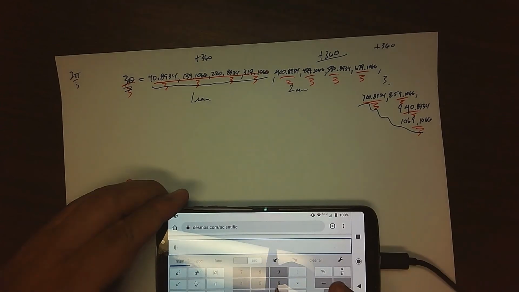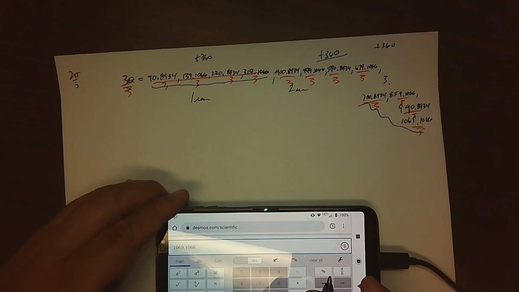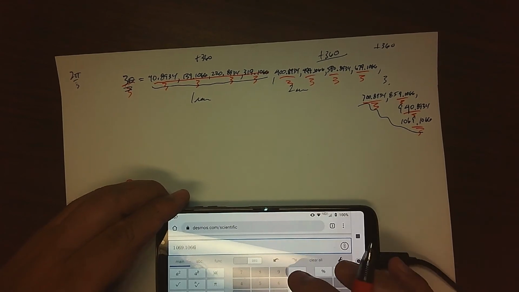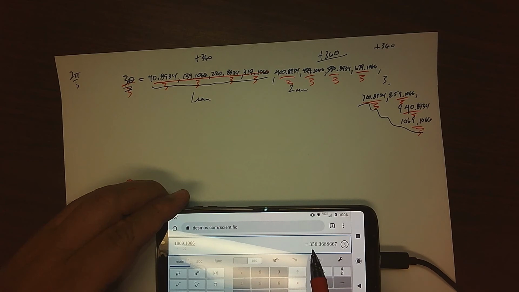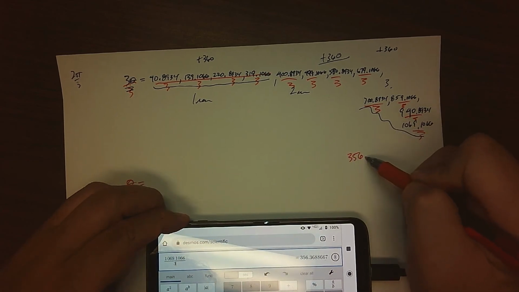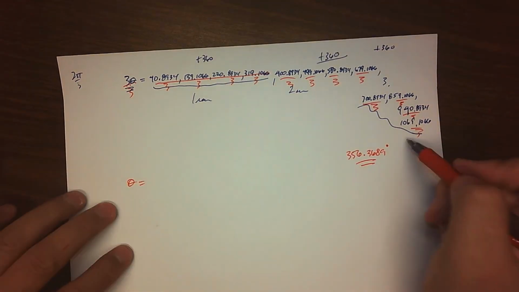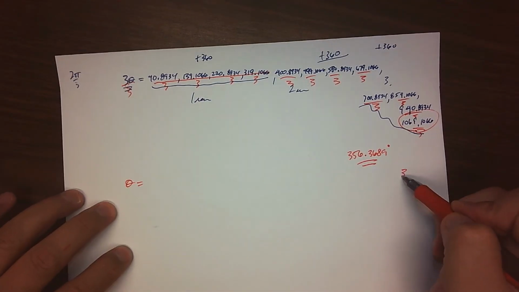So if I divide 1069.1066 by 3, what we get is 356.3689. So clearly we can see that the last one falls within the 360.